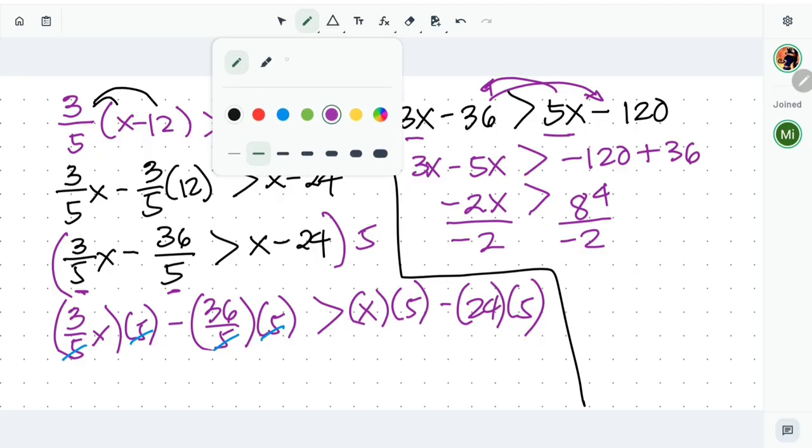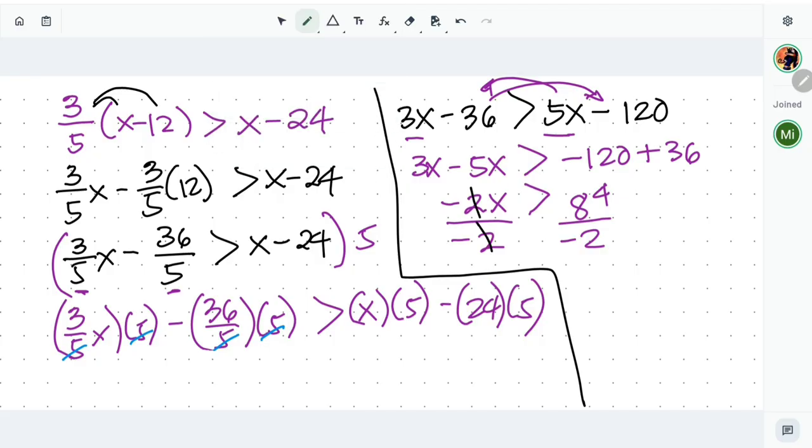What is 84 divided by negative 2? Negative 84 divided by negative 2.